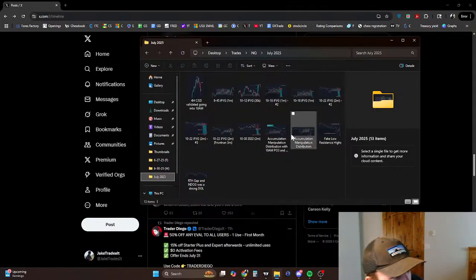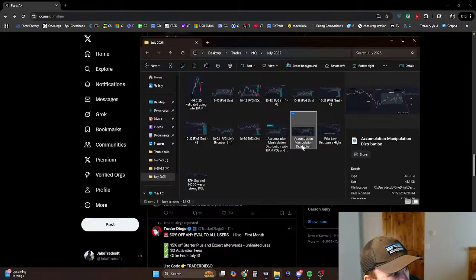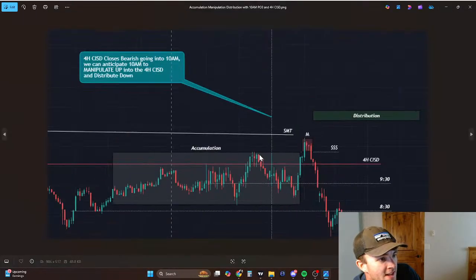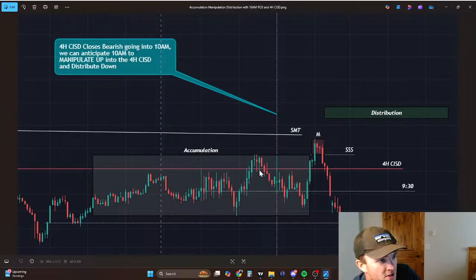One of my favorites was this morning. It was a clear power of 3 where you have accumulation, manipulation, distribution, and the cool thing about it was when this 10 a.m. candle closed, it created a 4-hour change state delivery, and so the manipulation pushed us up into that 4-hour change state delivery, which was above 9:30 and above 8:30, and delivered us lower.